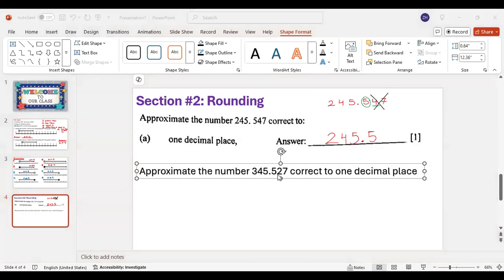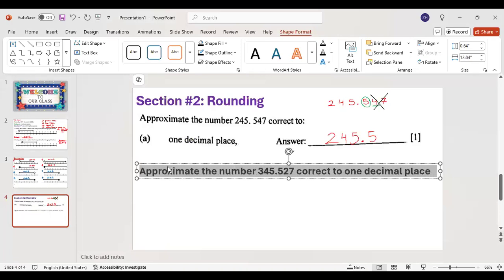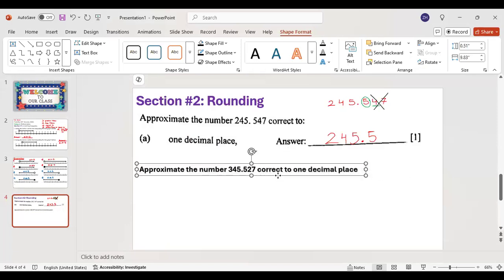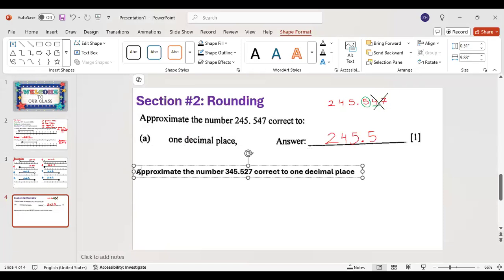So I want to approximate the number 345.527 correct to 1 decimal place. So let me put this on the side. It's going to be my number 2.